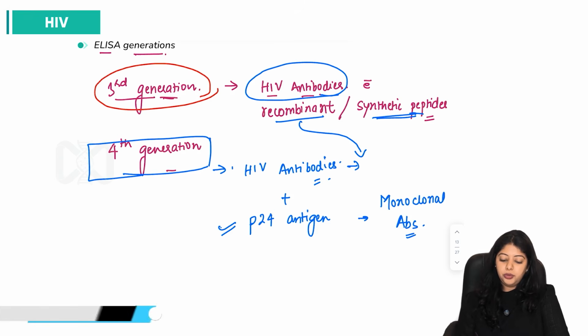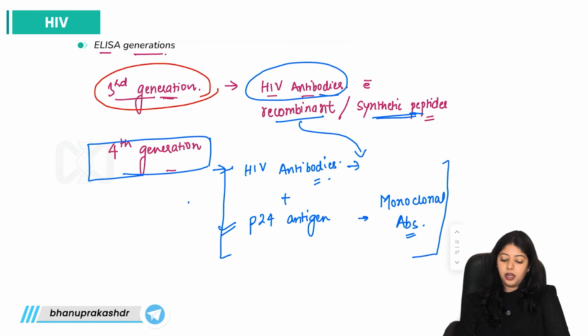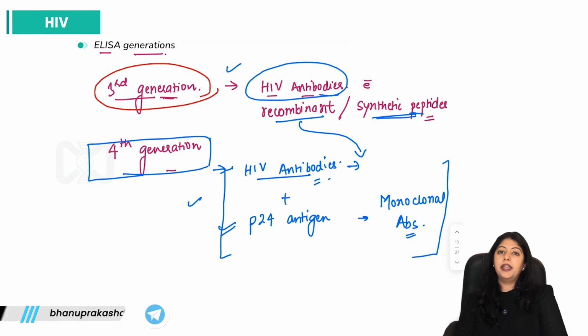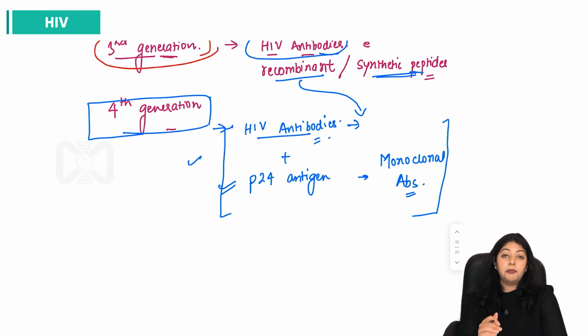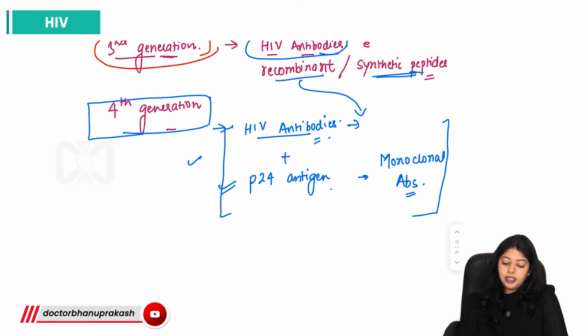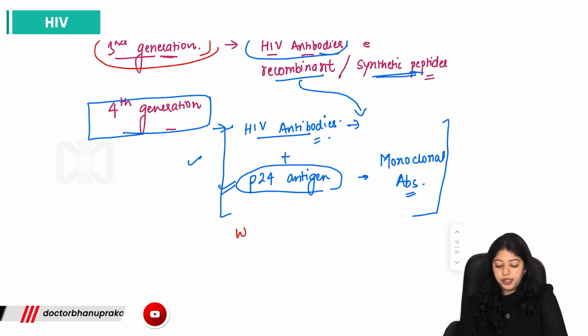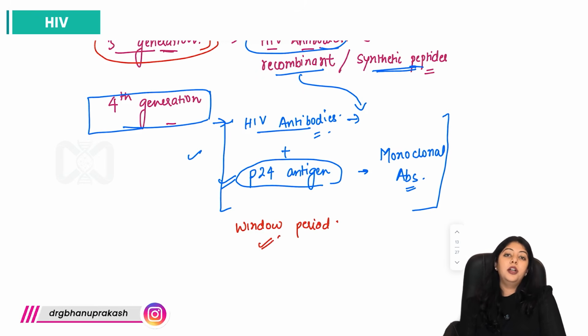So these are the two things that fourth generation ELISA are detecting, whereas third generation are only detecting HIV antibodies. So what is the benefit of this fourth generation ELISA over third generation? Since it is detecting P24 antigen as well, is this type of ELISA useful in window period? Yes, it is useful in window period. So this is an added advantage over third generation ELISA.